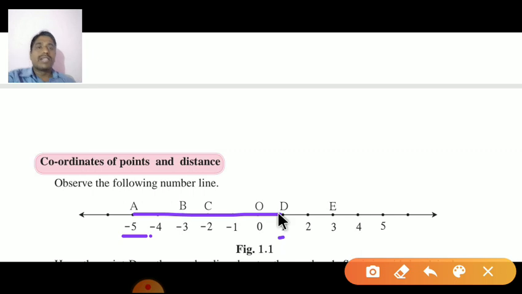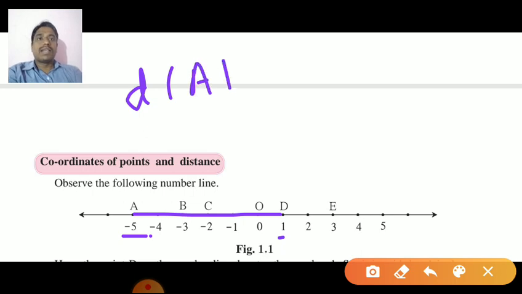Now by calculation we find the distance between AD. Coordinate of A is -5 and coordinate of D is 1. Now here the larger number is 1 and the smaller number is -5. We know that the distance between two points is the difference between the larger number and the smaller number.